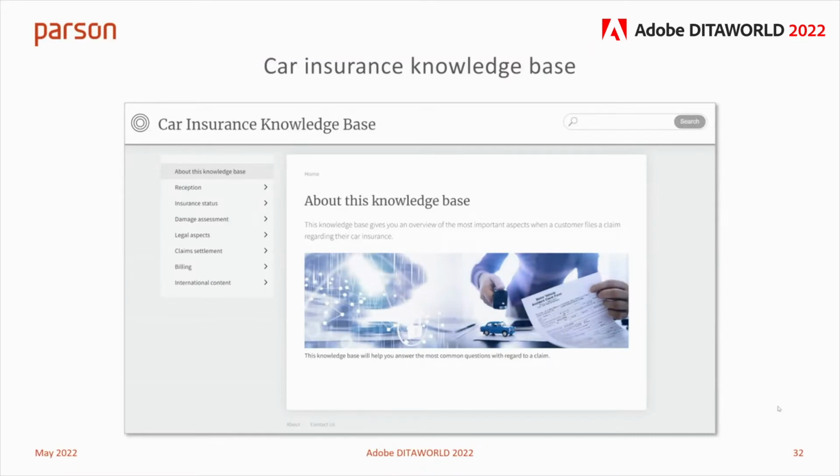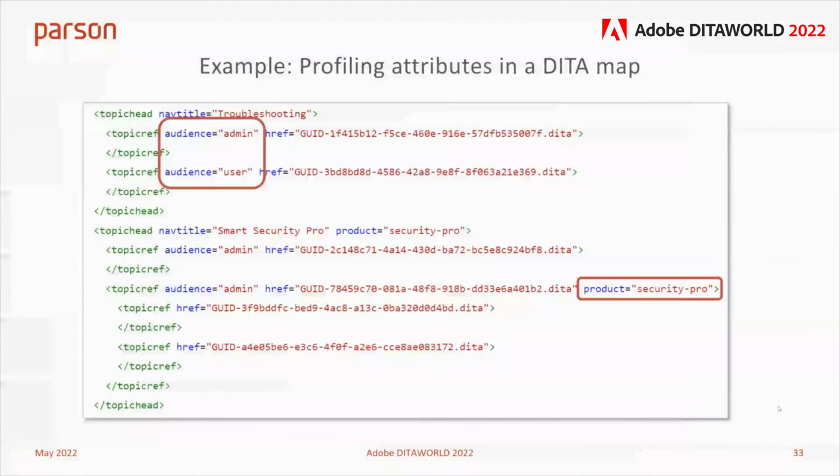So when we look at the way metadata is encoded and presented in DITA files, there's a number of options available. One is, for example, that you can add profiling attributes in a DITA map.